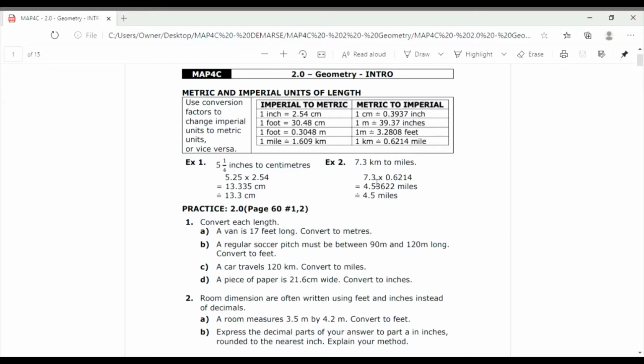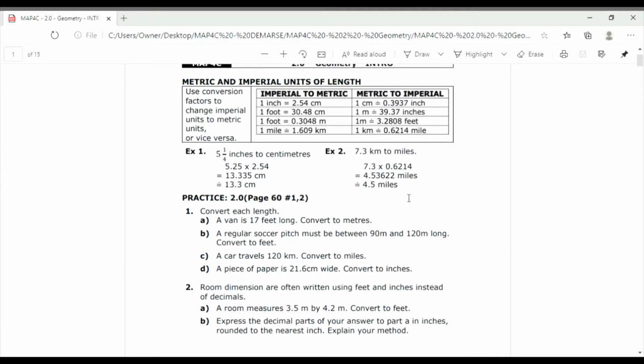And in a calculator, 7.3 times 0.6214 comes out to be equal to 4.53622 miles. And we can round that to 4.5 miles. So 7.3 kilometers is approximately the same as 4.5 miles. So that's converting imperial and metric units of length.